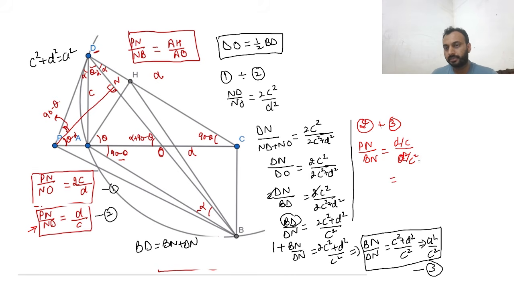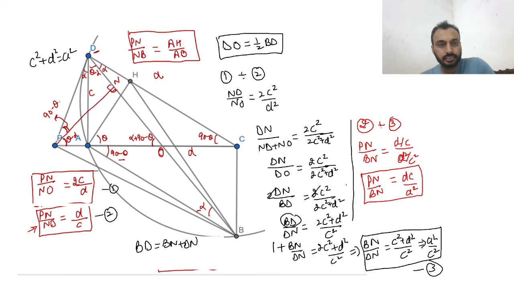So that is dc by a square. So Pn by Bn is dc by a square.